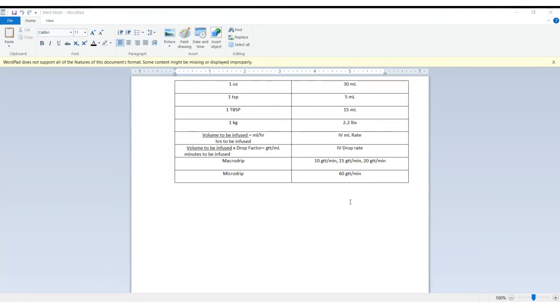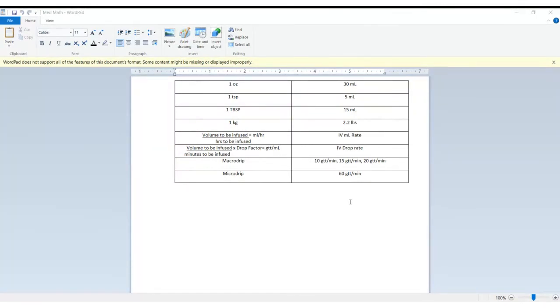In order to calculate an IV or milliliter rate, which is an hourly rate, it's basically saying I have a total volume. So I have a bag of IV fluid. I am hanging it on a pump, and I'm telling the pump how much of that bag to give per hour.